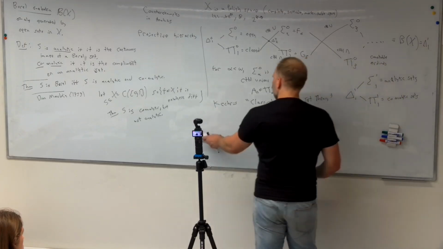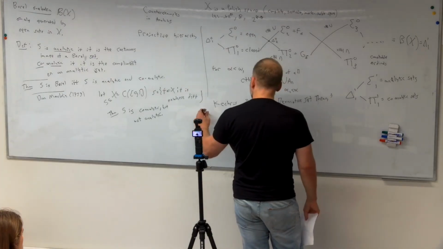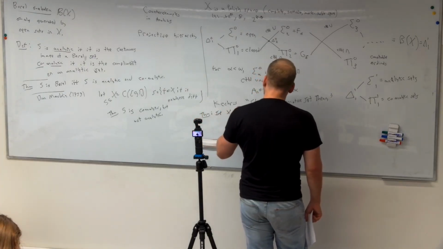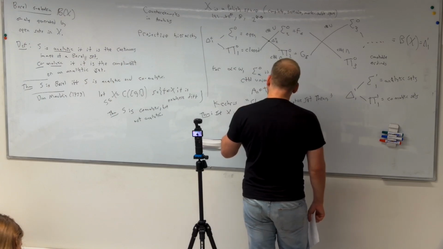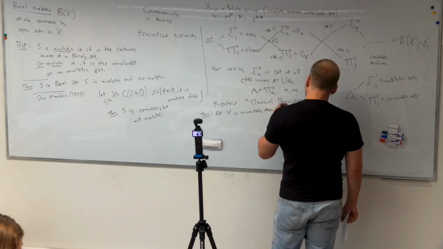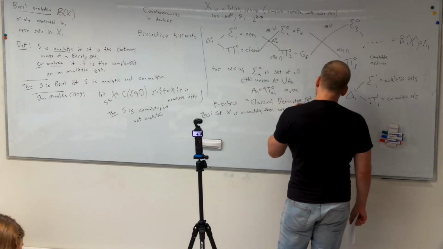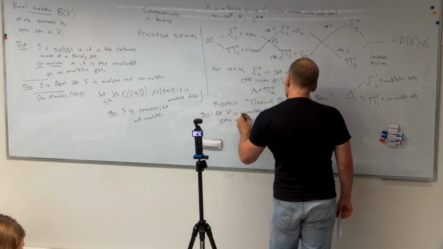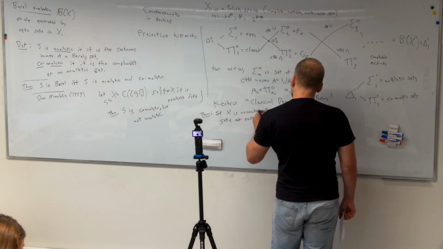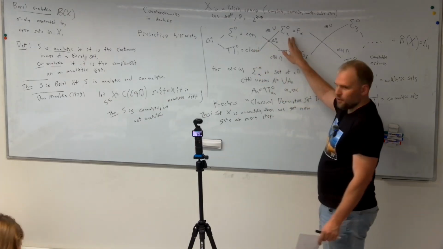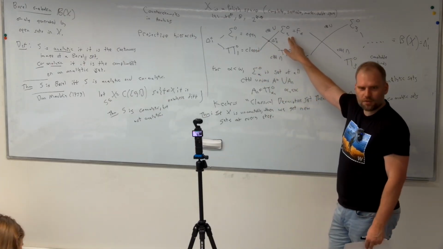And we also note that, so theorem, if X is uncountable, then we get new sets at every step. Right? Because it's possible that maybe somewhere here you get stuck and nothing interesting happens.